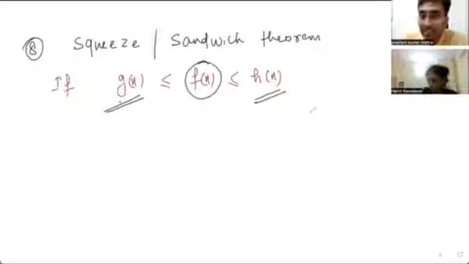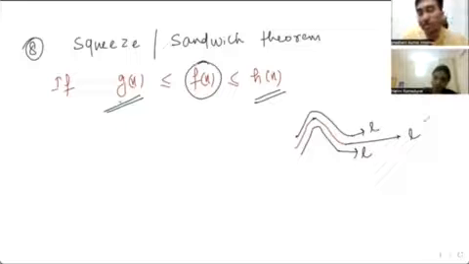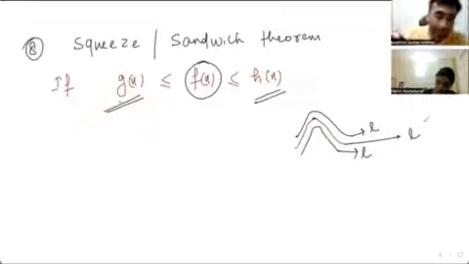Let's say this is a function, and this is a function, and this one is sandwiched between them. So whatever be the value, if this gets the limit L and the other also gets the limit L, then the middle one is also tending to L. If a function is sandwiched between two functions, the middle one will have the same property they have.